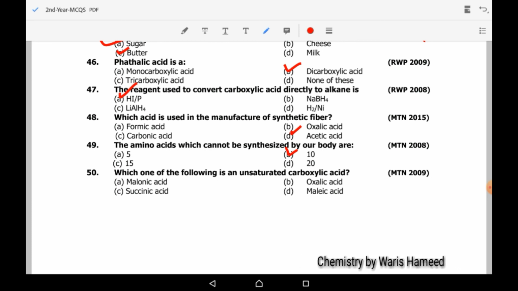In case of 50 MCQs, which one of the following is an unsaturated carboxylic acid? It's maleic acid. Maleic acid is the unsaturated carboxylic acid, and it has a structure like this.